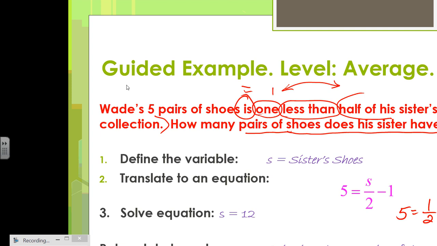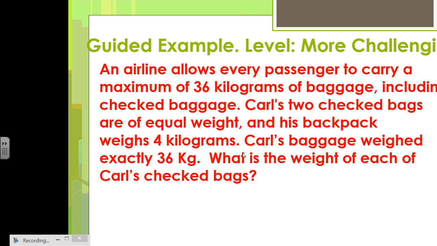And does that make sense? 5 is 1 less than half. All right, so absolutely, that does make sense by my mathematical reasoning. Let's get a little tougher even still. Ooh, wordy. An airline allows every passenger to carry a maximum of 36 kilograms of baggage, kilos, including checked baggage.